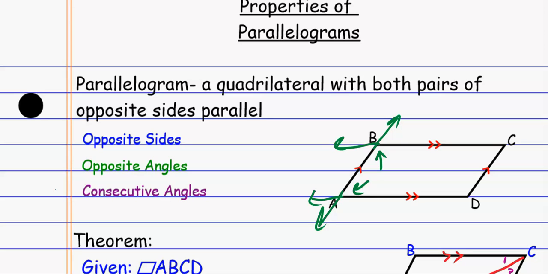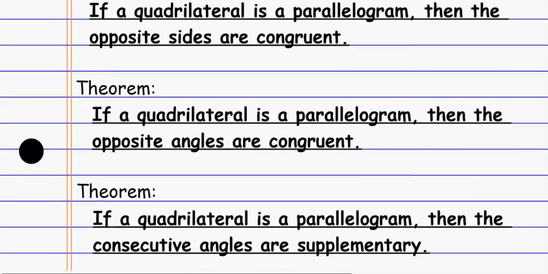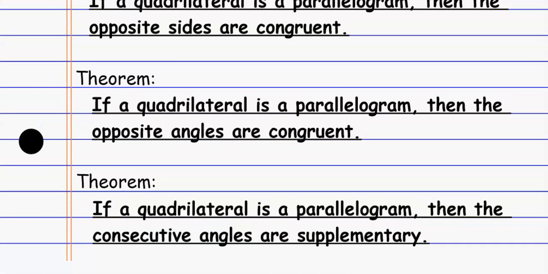And we already know that same side interior angles are supplementary. Well, that means that consecutive angles on this parallelogram are supplementary, okay? Because each of them become same side interior angles of parallel lines, okay? And so you could almost list that like a corollary because it relates so directly to same side interior angles, okay? So here's what we have in terms of properties so far. Opposite sides are congruent, opposite angles are congruent, consecutive angles are supplementary, okay?